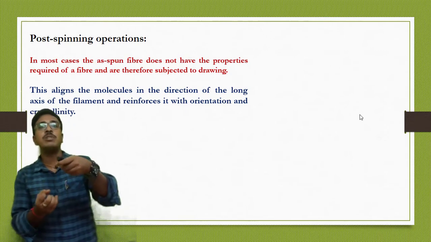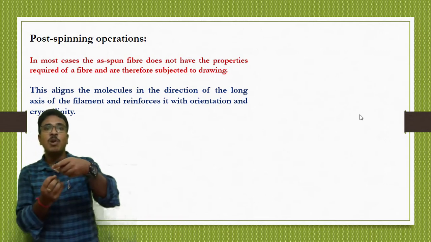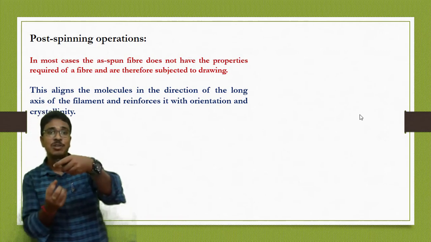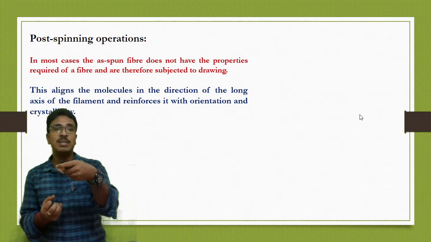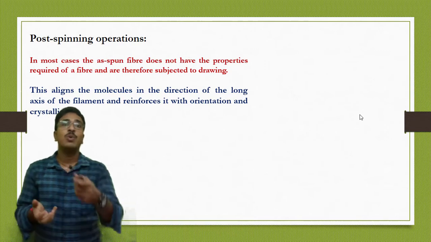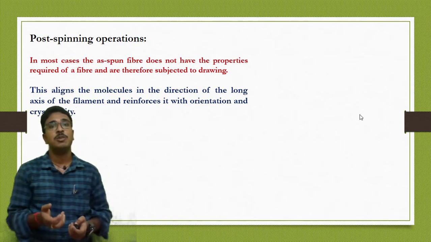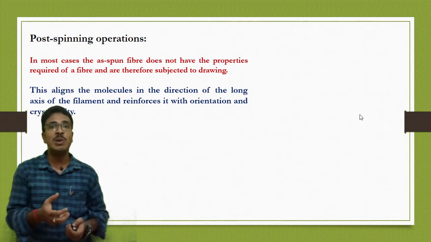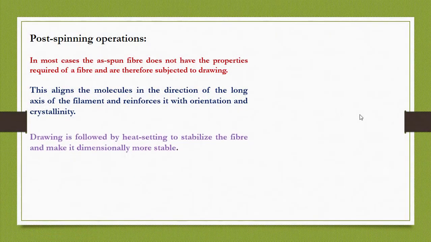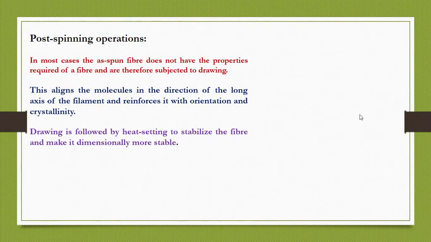During this stretching process, the molecules align in the direction of the length of the filament, and orientation takes place. Because of this orientation, the polymer attains good properties, good strength, good resistance towards chemicals, light, all these things.